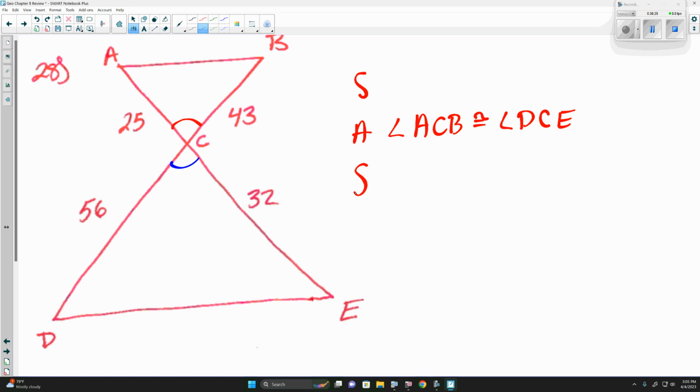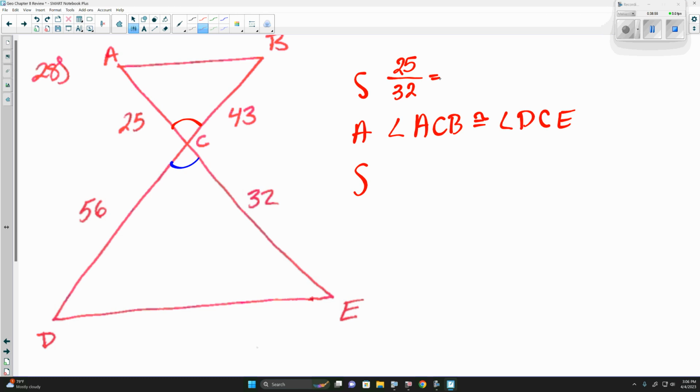Now we need the 2 sets of sides to be proportional, yes? Now the question is how they're going to match up. Well, the smaller side of the triangle on top is 25, yes? What side would go on bottom? Because 25 is the smaller of the 2 on top, we need the smaller of the 2 on bottom.